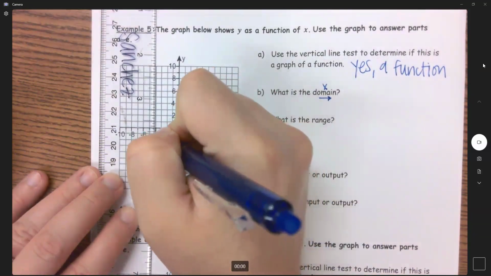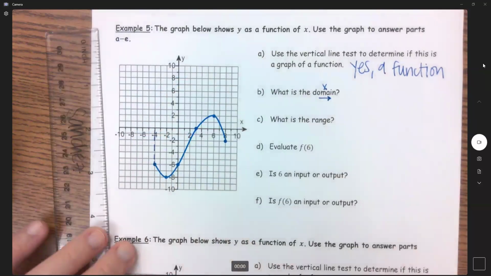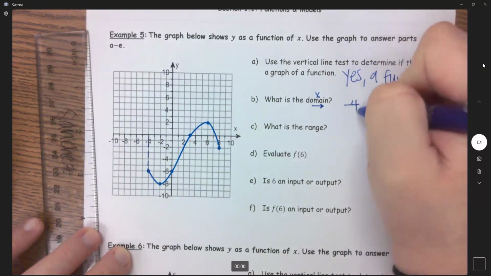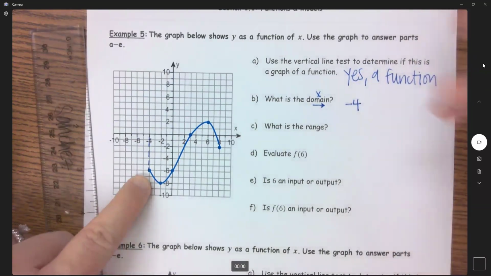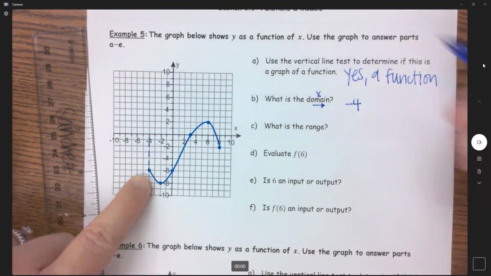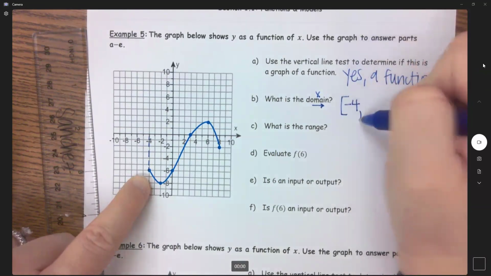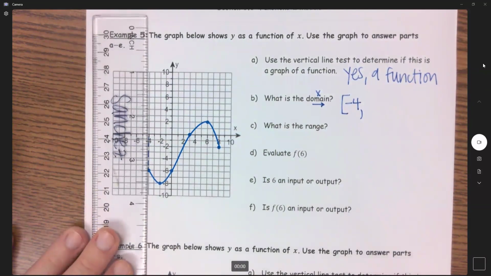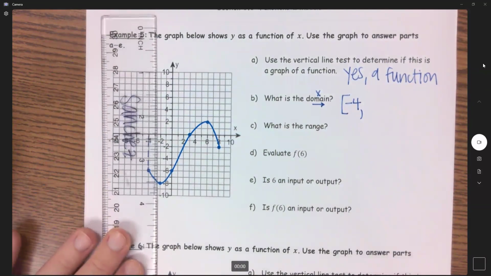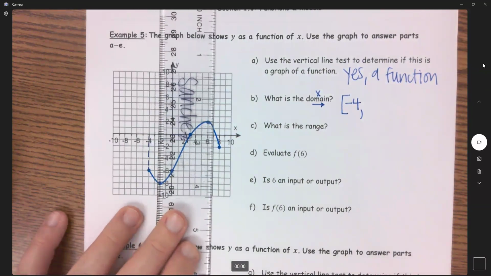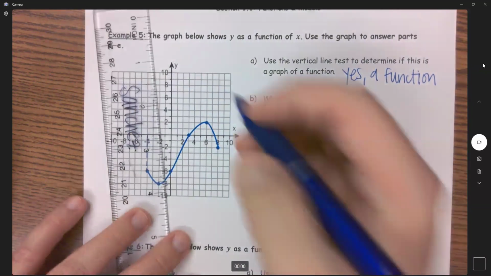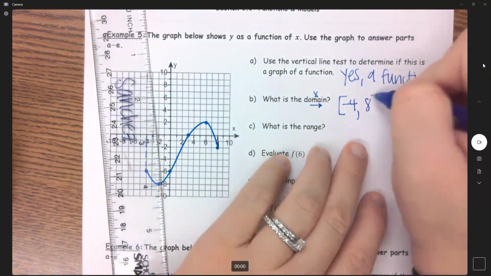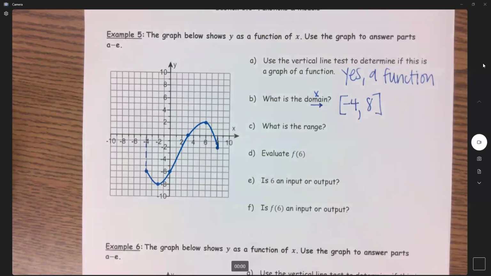So if I do some dashed lines here, it starts here at -4. And because this point is included, it is a solid circle. We will put that in brackets. And then it has every number in between -4 to where? Where does this graph stop? It stops right here, at 8. And then another bracket because that 8 is included.